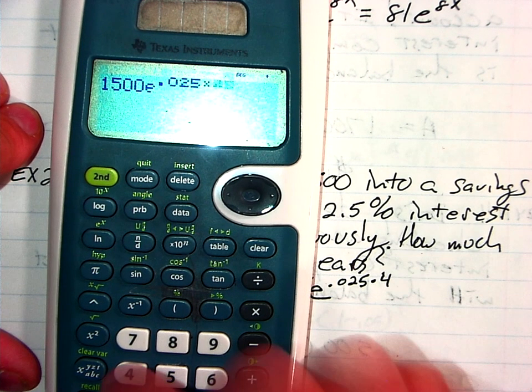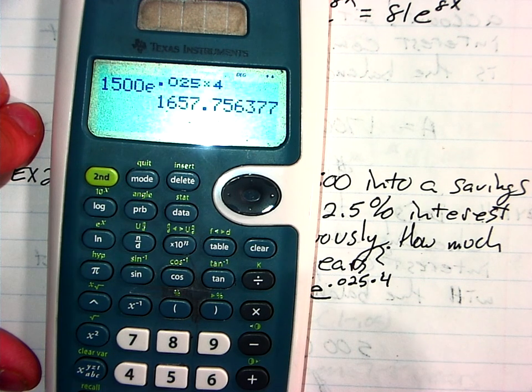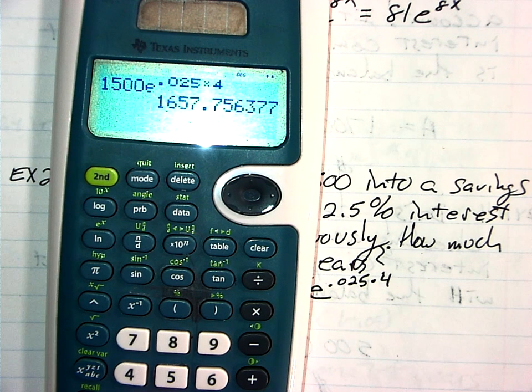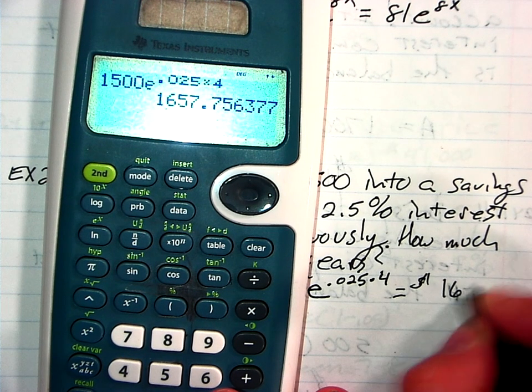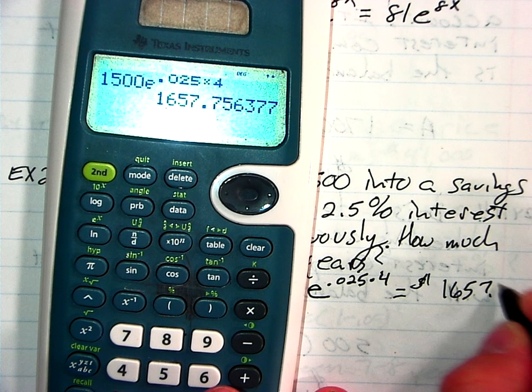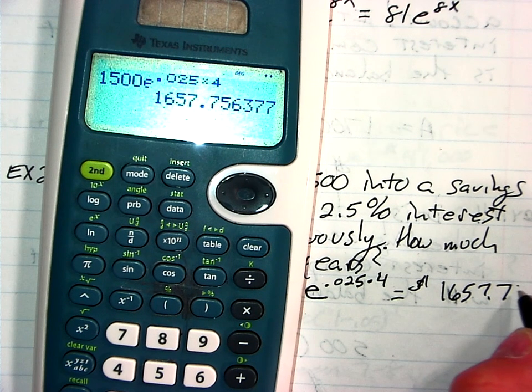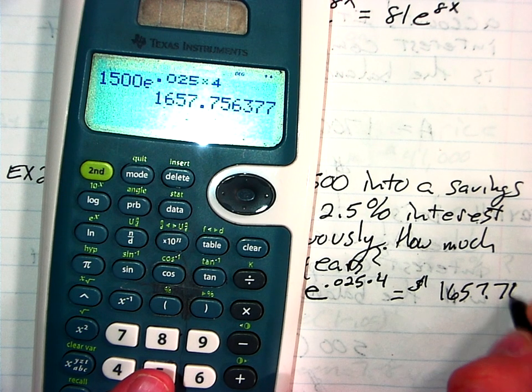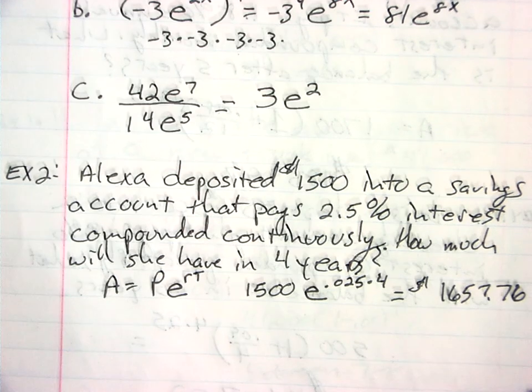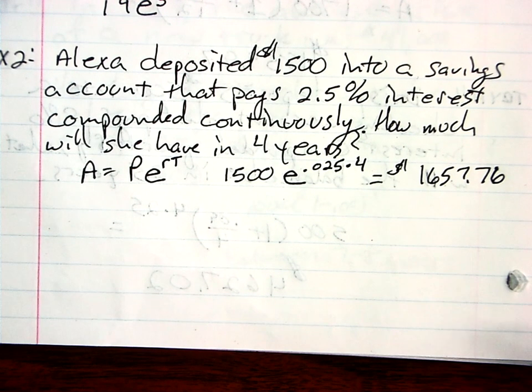And our time is 4. Then hit enter. And that's your correct answer. Not all of it. It's money, so we're just going to stop at 76. Money only cares about to the nearest penny.